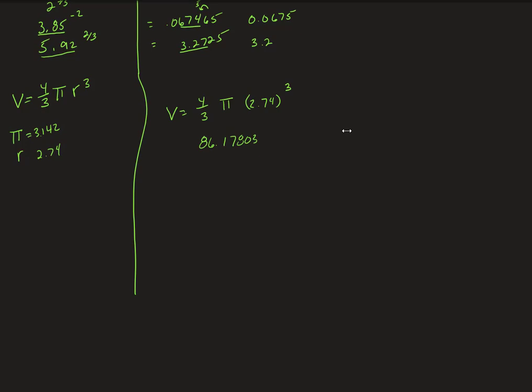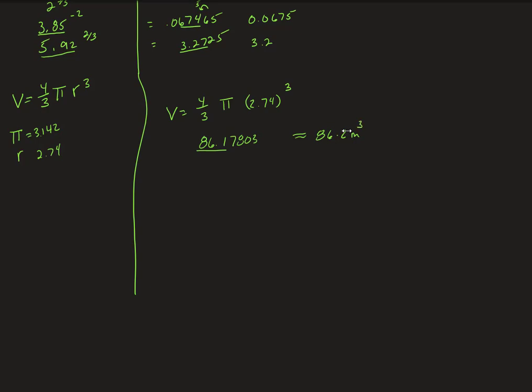What we want to do now is take a look at our significant figures, and our lowest number seems to be this number right here, 2.74. So we would need 3 significant figures. This 7 is going to round up, so we should come up with about 86.2 meters cubed.